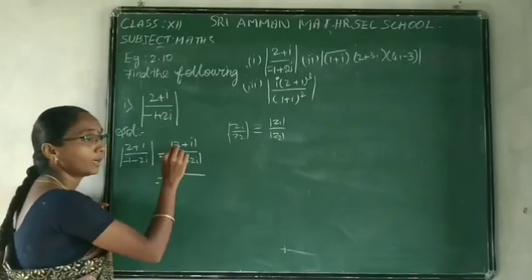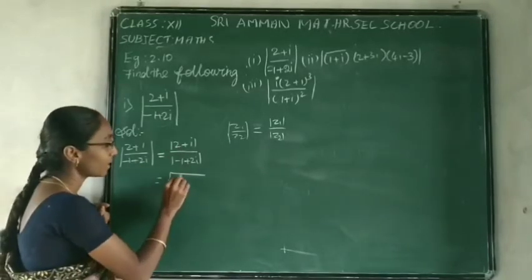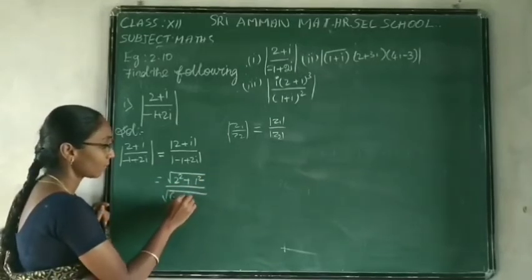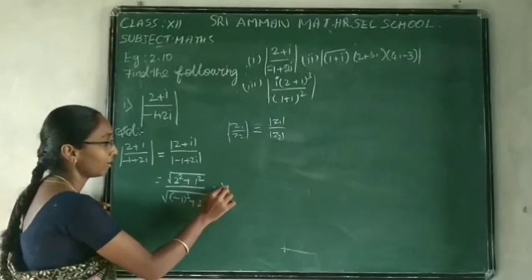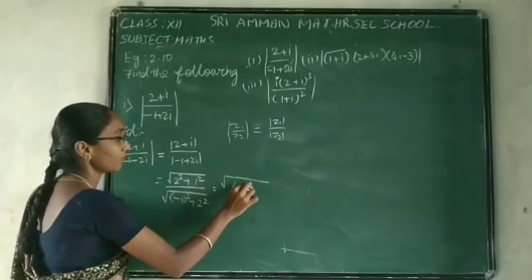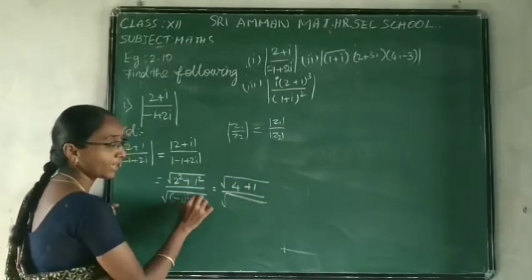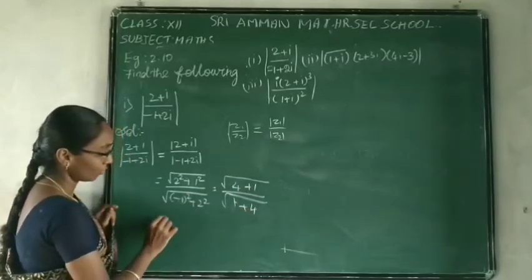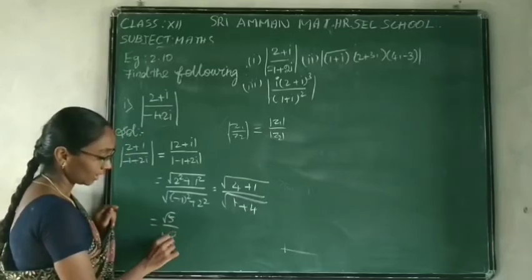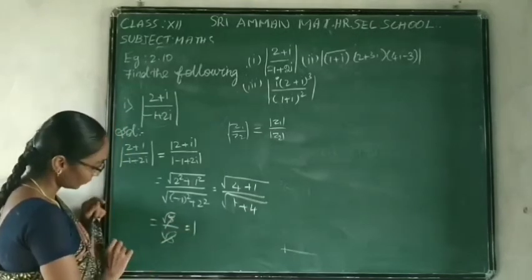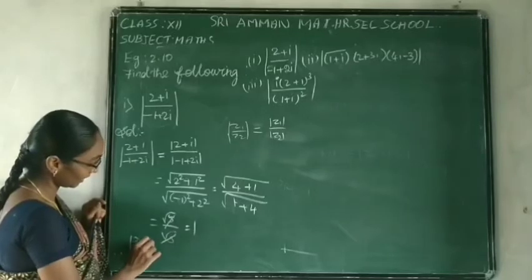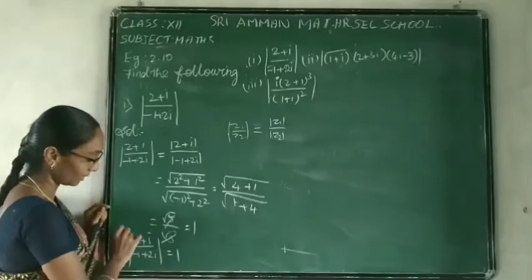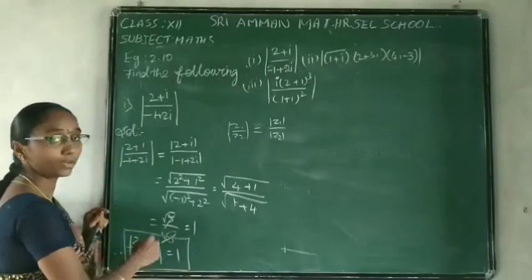Root of real part squared plus imaginary part squared, divided by root of minus 1 square plus 2 square. 2 square is 4 plus 1, divided by root of 1 plus 4. So root 5 divided by root 5, cancelling, we get 1. Therefore modulus of 2 plus i divided by minus 1 plus 2i equals 1. This is the answer for this question.